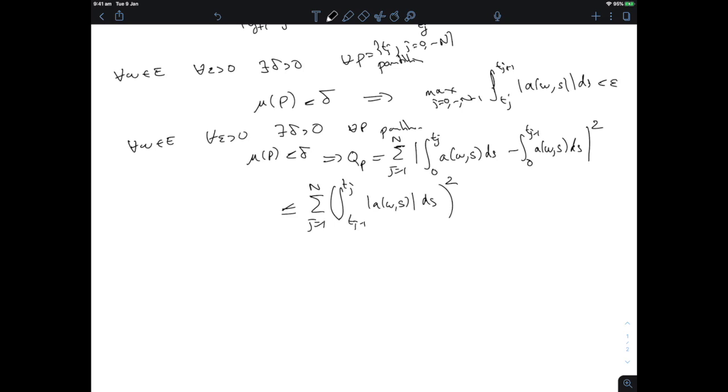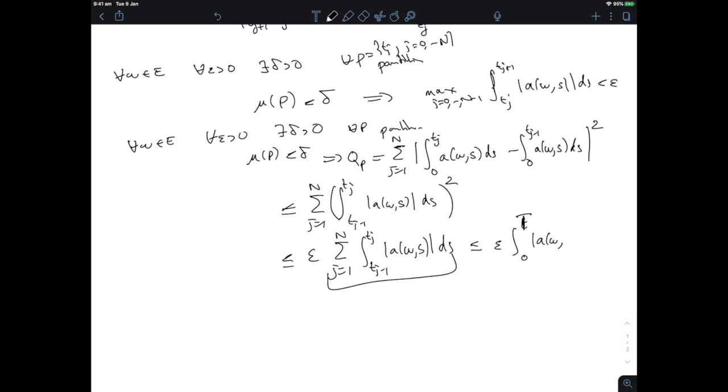We know that these quantities are smaller than epsilon, so this is smaller than epsilon times the sum for j equal 1 to n of the integral from t_{j-1} to t_j of the absolute value of a(ω, s) ds, and this sums up to the integral from 0 to little t, which is certainly smaller than the integral from 0 to capital T of the absolute value of a(ω, s) ds.